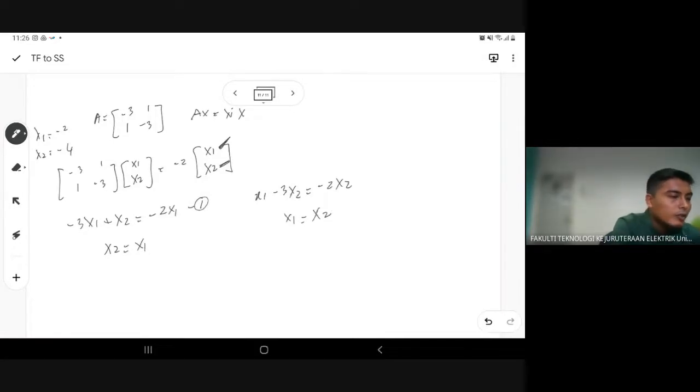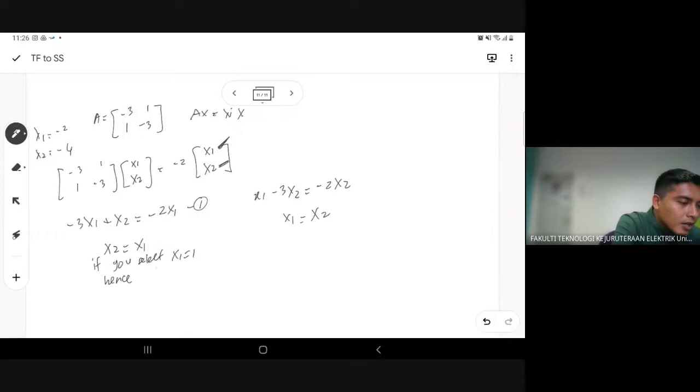Okay, so we can conclude that we can choose any value you like. If you select x1 equal to 1, hence x2 becomes 1, because our conclusion is x2 equal to x1. So if you select x1 equal to 1, then you get x2 also equal to 1.